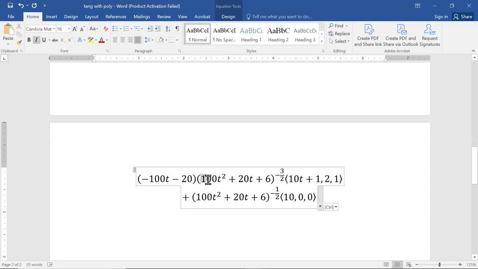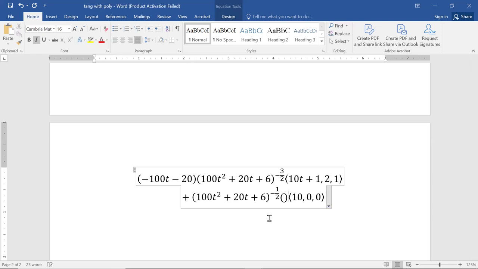Notice that I have this 100t squared plus 20t plus 6 raised to the negative 3/2 power as part of the coefficient on this piece, and I have 100t squared plus 20t plus 6 to the negative 1/2 power as the coefficient on this piece.